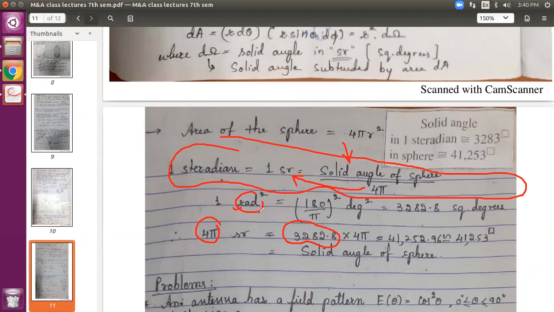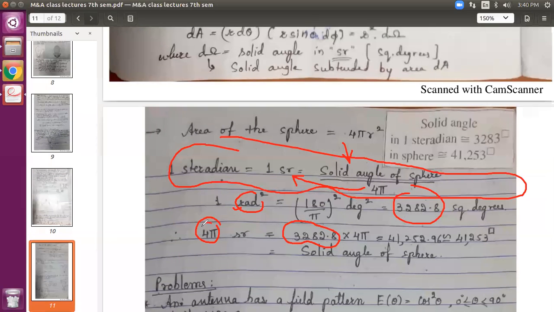Similarly, radian square, that is steradian, you should take 180 by pi whole square, not simply 180 by pi. Then the answer will be in square degrees. If you calculate, you will get 3282 square degrees.